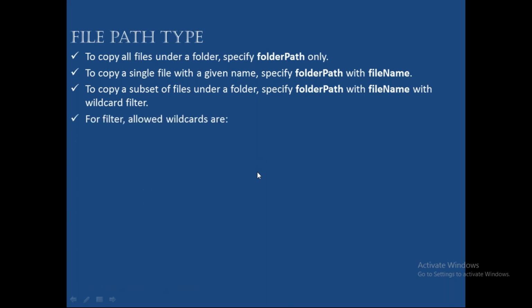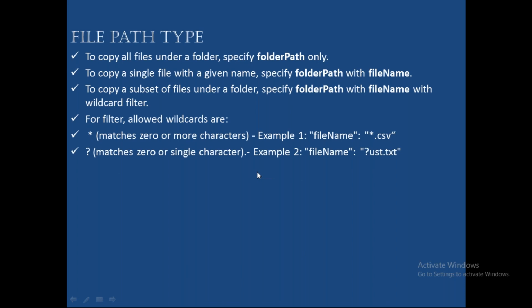Next, for the filter, the allowed wildcards are: star matches zero or more characters. Example, file name star.csv means all the files which are CSV files you want to take. Simply if you put star, it doesn't matter what type, you are picking all the files. Question mark matches zero or a single character.